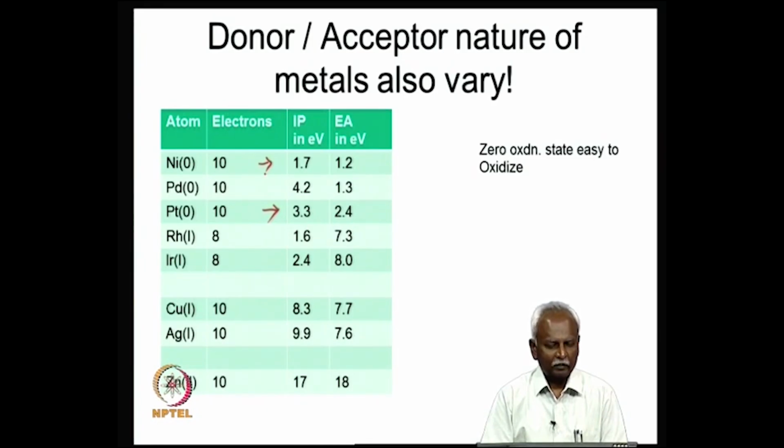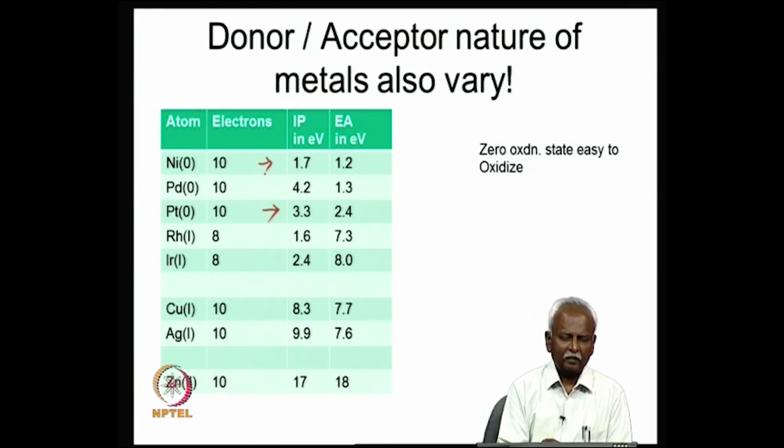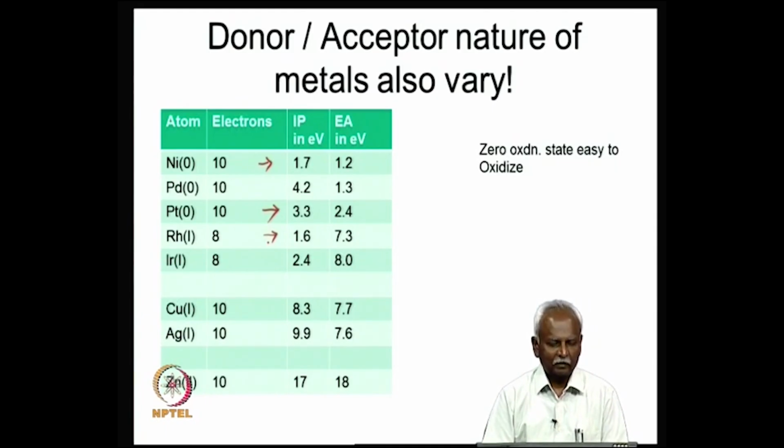So, let us take a look at the rhodium and the iridium complexes. Once again, the rhodium complex is easier to ionize and the iridium complex has got a higher ionization potential, and so rhodium forms very good, very stable complexes. We have seen a few of them in the last few transparencies.